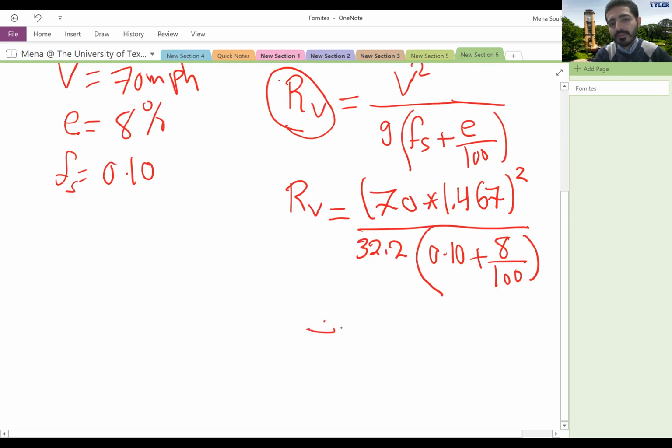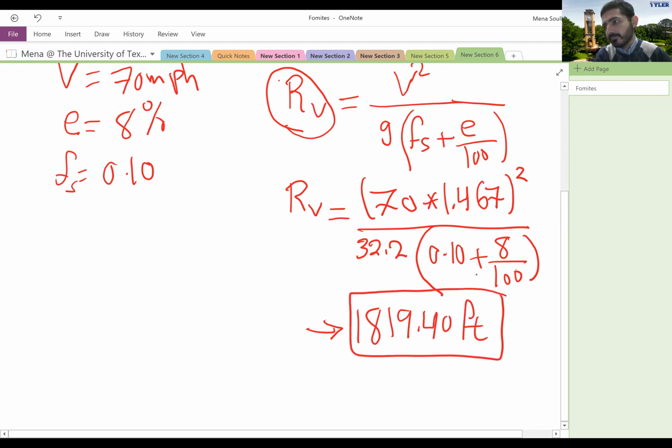And therefore, the minimum radius for that horizontal curve is 1819.4 feet. That is the minimum radius to have in order to handle this speed, 70 miles per hour, a super elevation of 8%, and a side friction of 0.1.